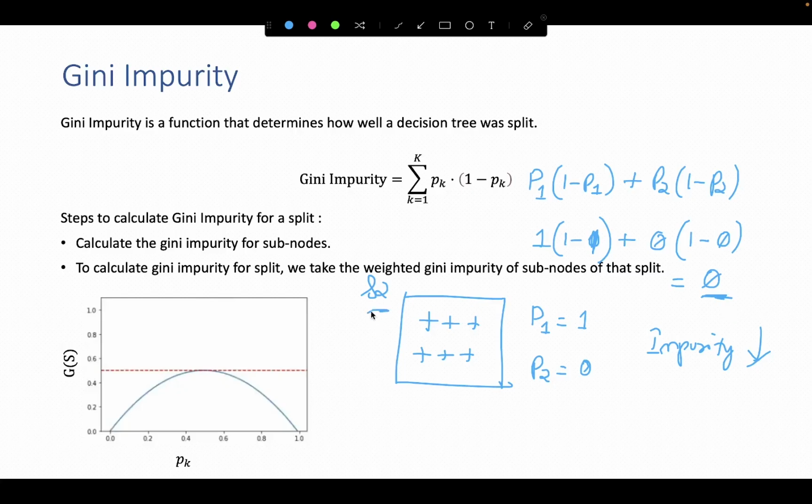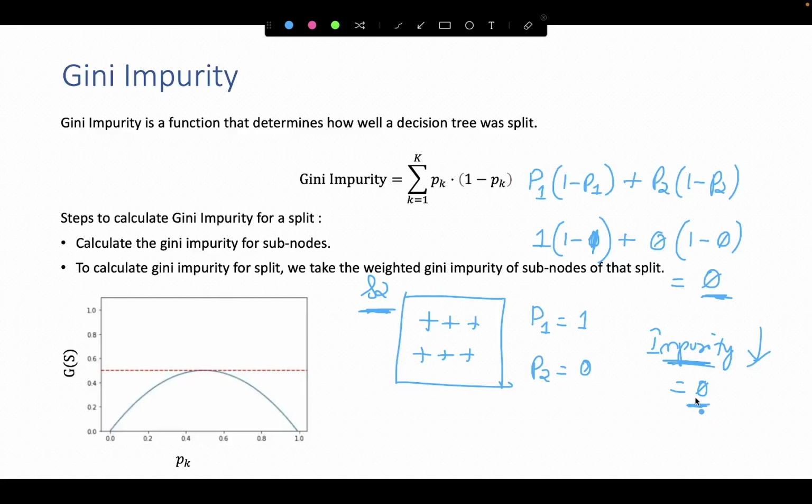So here your subnode S2 is a pure node or homogeneous node, and hence the impurity that we have calculated is 0. When impurity is 0, that indicates that the data available at the subnode is pure or homogeneous. I believe you have understood the difference between impurity and purity that I'm clearly talking about with the help of the numbers that we have arrived at.